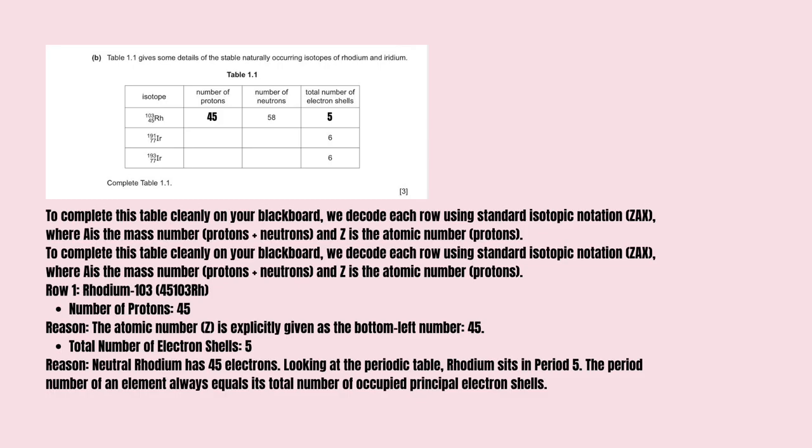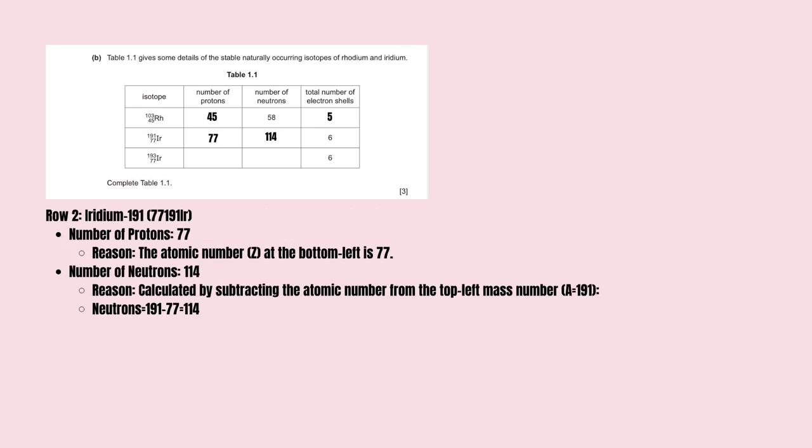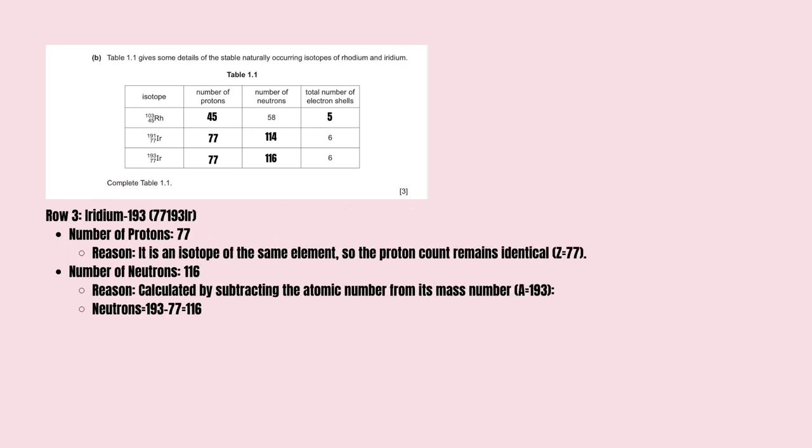So the number of protons is 45, and then the number of electrons is 5. And then the number of n elements always equals its total number of occupied principal electron shells. And then it's the same with row 2, and also the same with row 3.